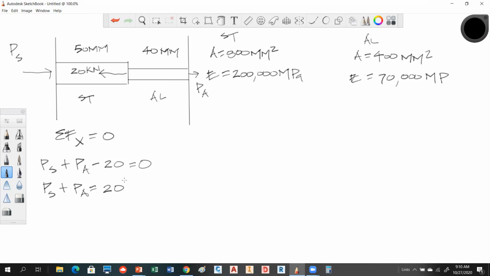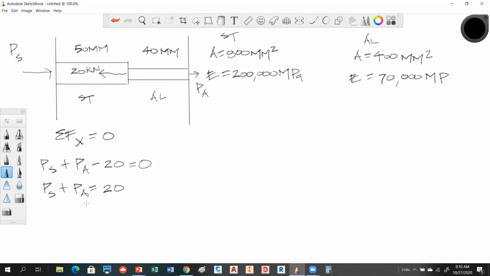Okay, so here's the other premise that you pretty typically work with on this type of problem. Because the wall is fixed at 90 millimeters, it can't move. So that means the deformation of the steel is going to shrink and the deformation of aluminum is going to increase.